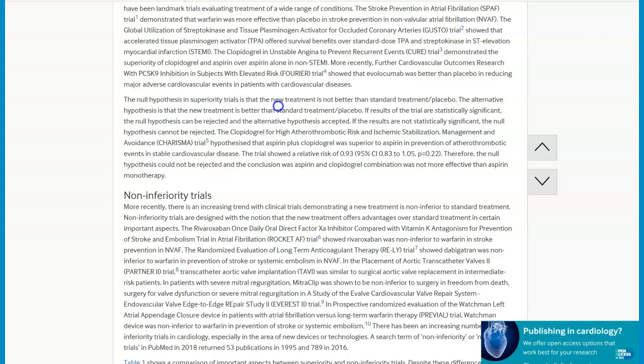studies to remember, and at this point you don't necessarily need to know all of these, but it's good to look into them. This first clinical trial is Rocket AF: Rivaroxaban once daily oral direct factor 10A inhibitor compared with vitamin K antagonism for prevention of stroke and embolism trial in atrial fibrillation.